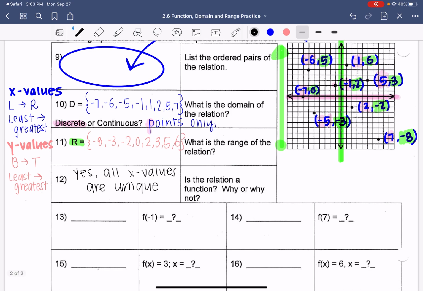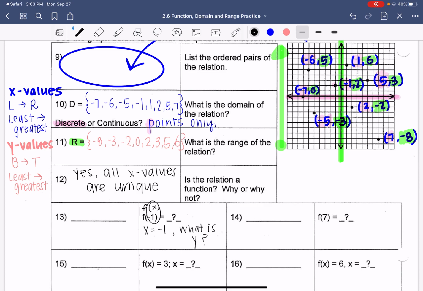All right, so this next part, 13 through 16, can get a little confusing, but I'm going to try to help you through this. We have f of -1. So again, if we have a function and it's f of x, that's -1, replace the x. Therefore, this means that when x equals -1, what is y?